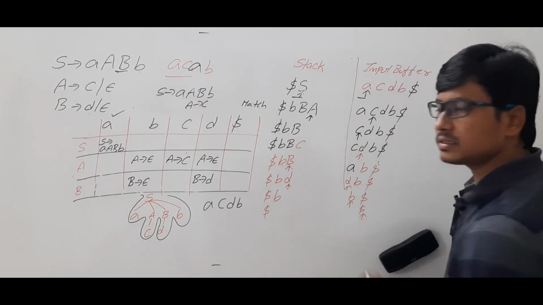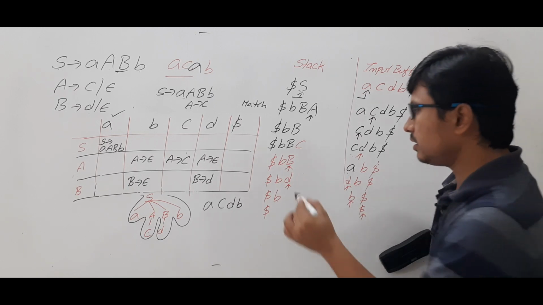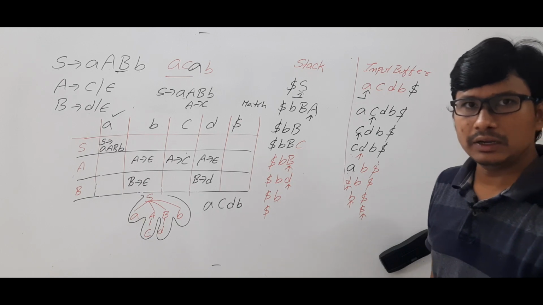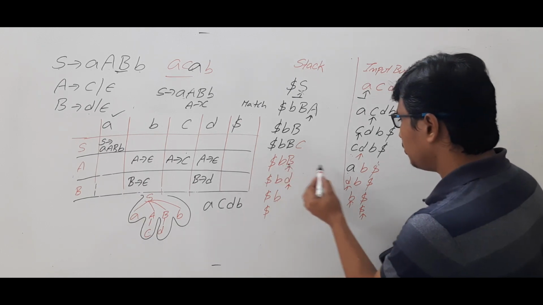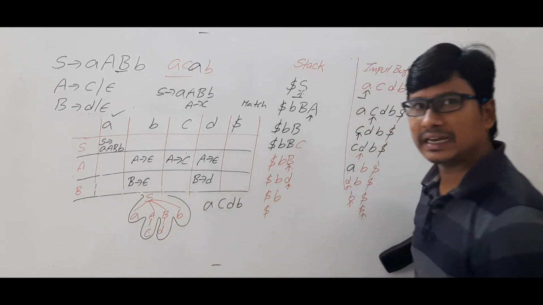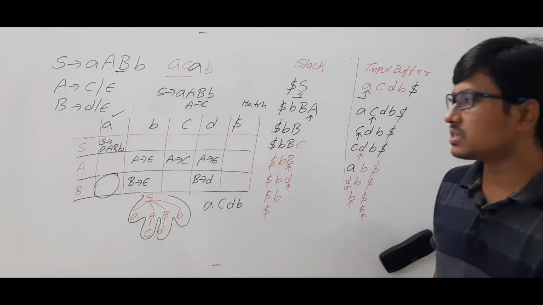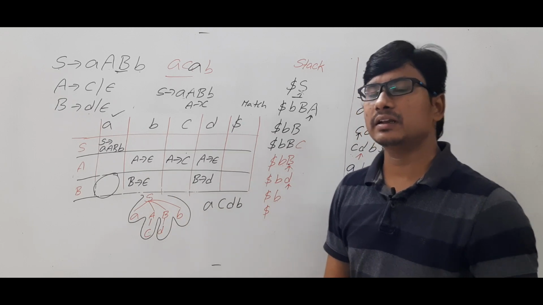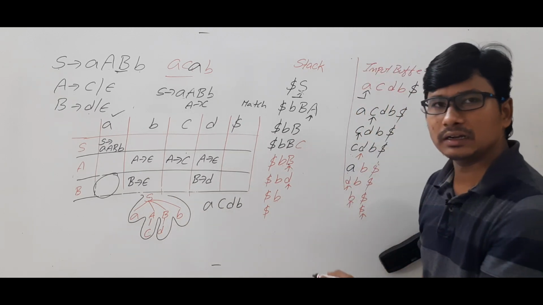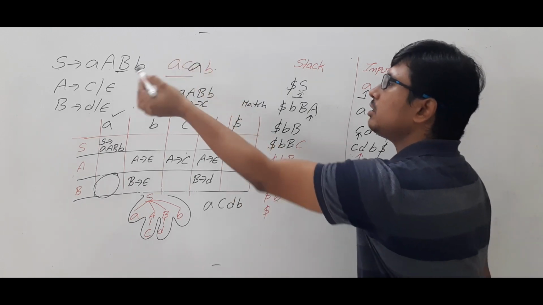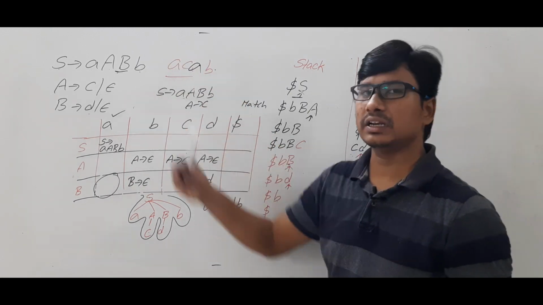Now B is a non-terminal on the top of the stack, and you have a terminal in the input buffer. Now B on a, you need to look at the entry. If you look at it, it is empty. So an undefined entry we call an error. Whenever you get an error, you will say that this string cannot be derived using the given grammar.